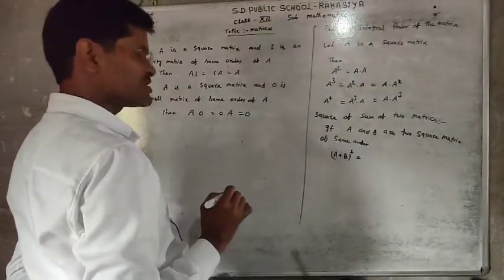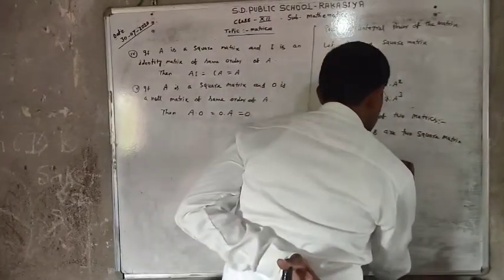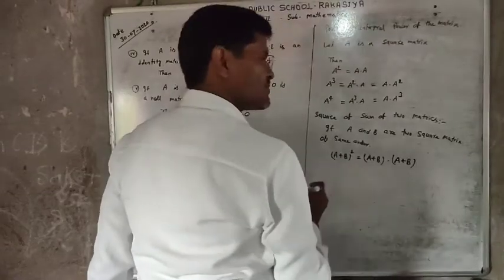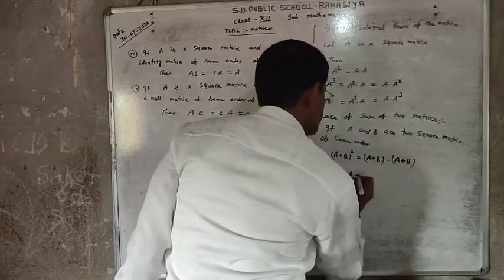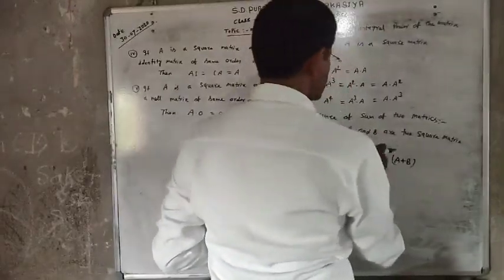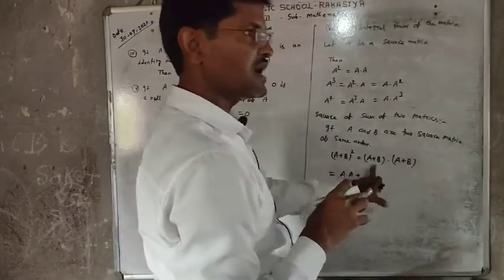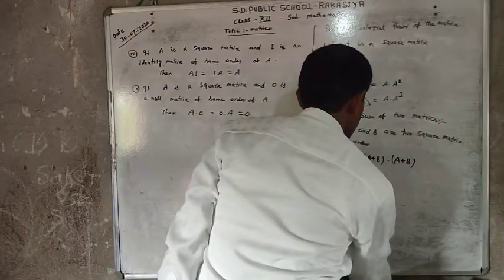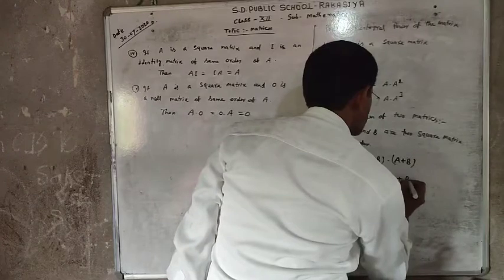For finding A plus B whole square, I can use matrix A plus B into matrix A plus B. Then it becomes A into A plus A into B plus B into A plus B into B, because all the matrices are of the same order.